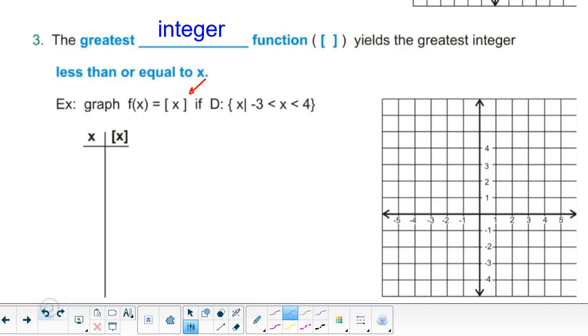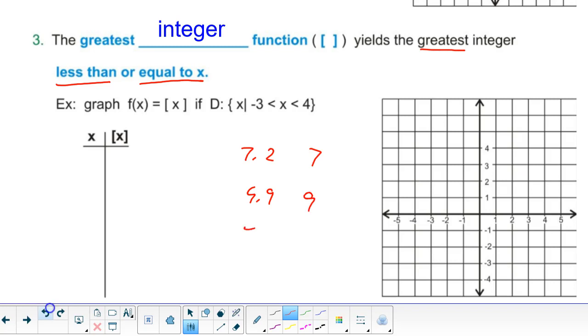But here's the trick: it's the biggest integer less than or equal to the number you're talking about. For example, if I said 7.2, the greatest integer is 7. If I said 9.9, the biggest integer that's less than 9.9 is 9.